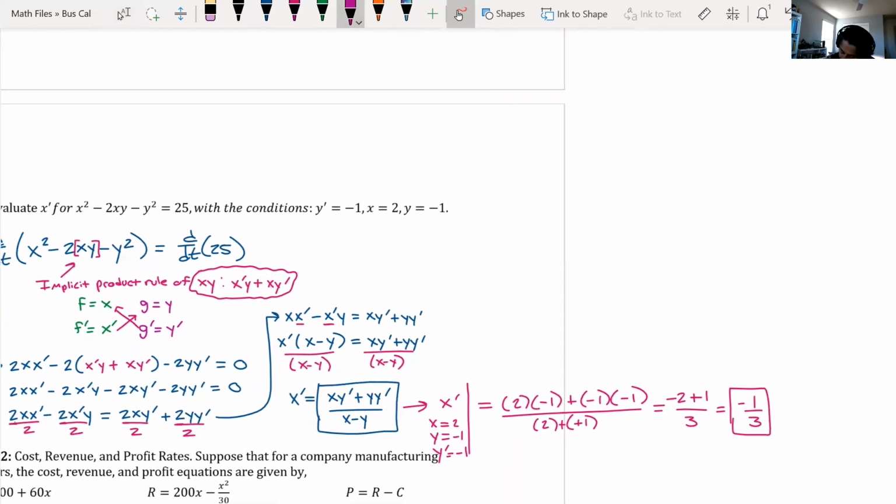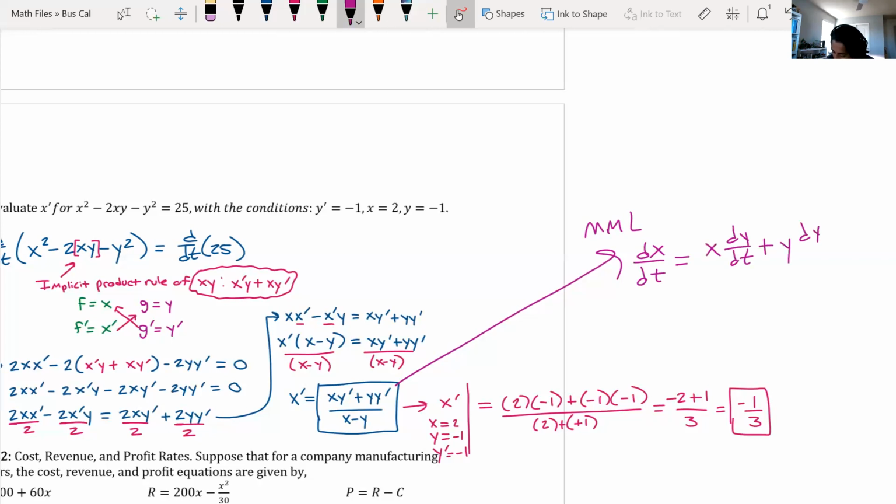And just a quick little side note, if we were talking for MyMathLab, my MATLAB answer that uses all the dx and dt's that I don't like to use, then this is what format it would like. It would start with dx over dt equal to x times dy over dt plus y times dy over dt over x minus y.